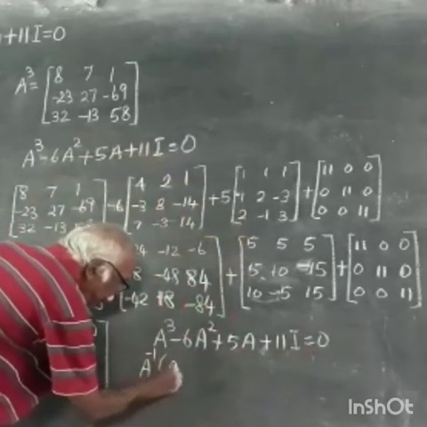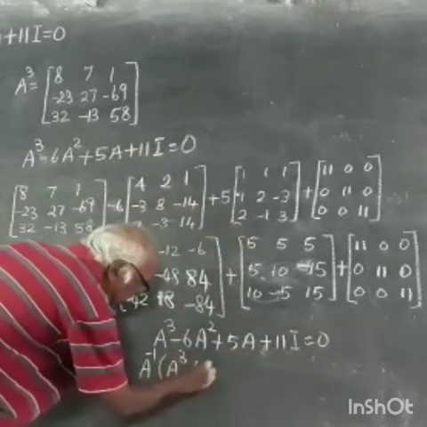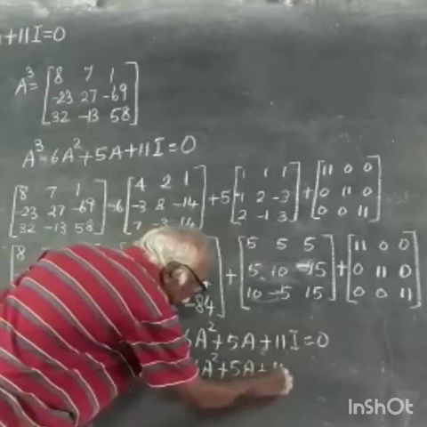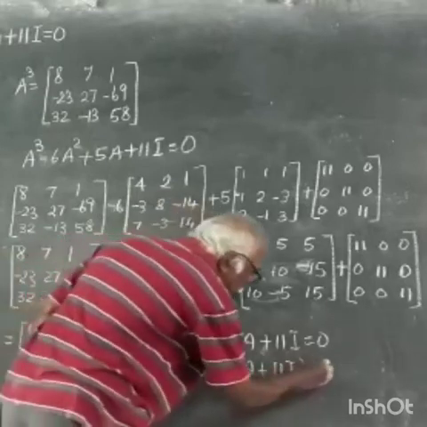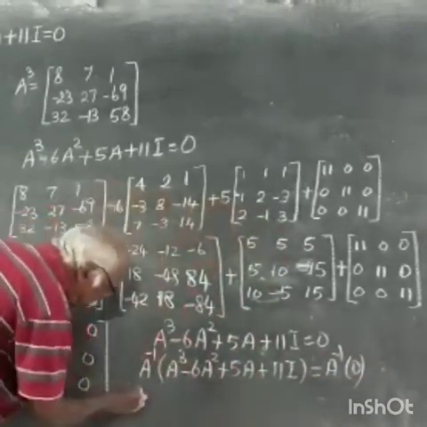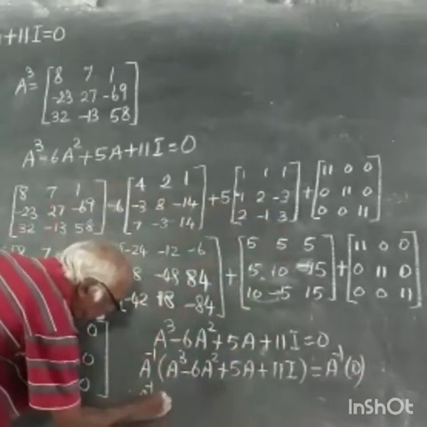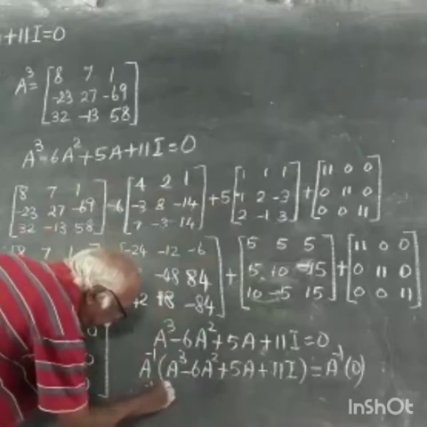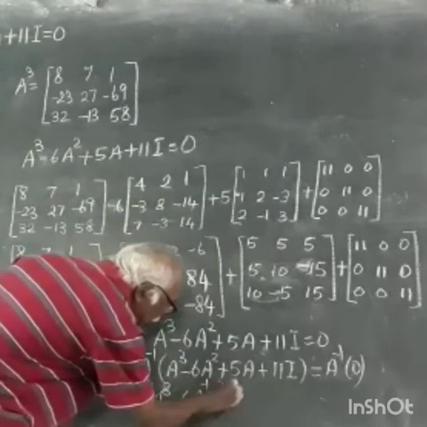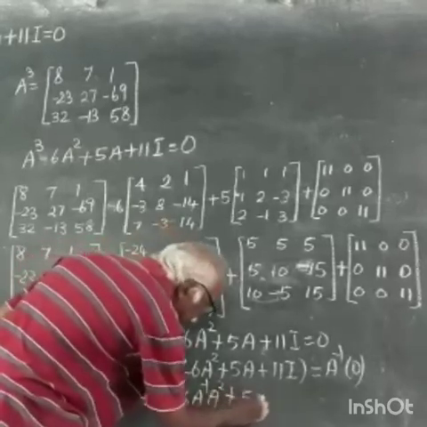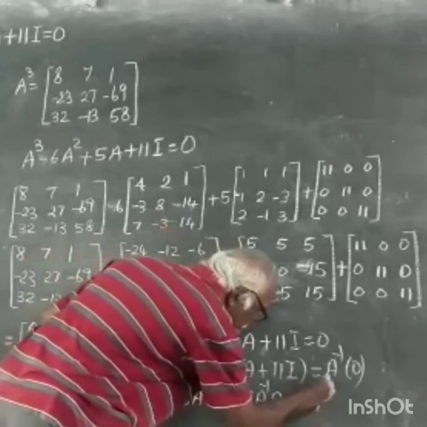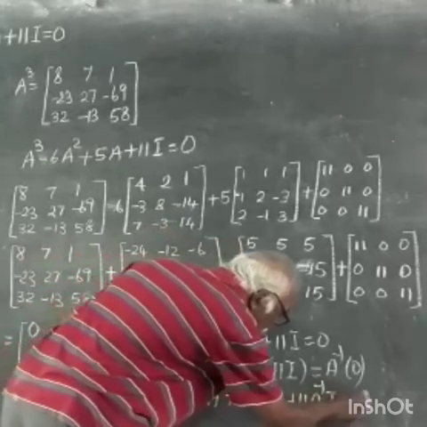A inverse into A cube minus 6A square plus 5A plus 11I is equal to A inverse into 0. That is A inverse into A cube minus 6 A inverse into A square plus 5 into A inverse into A plus 11 A inverse into I equal to 0.